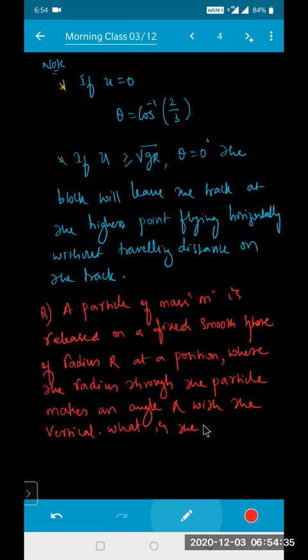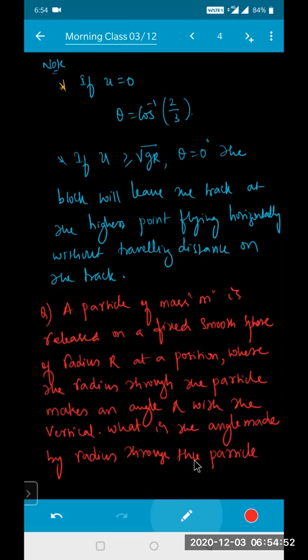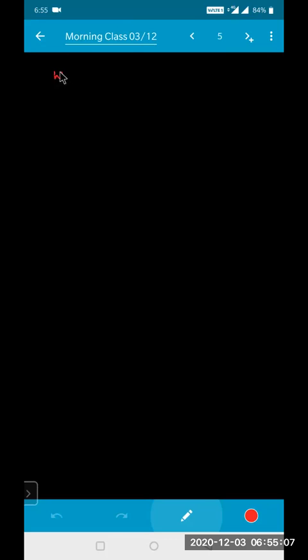What is the angle made by the radius through the particle when the particle loses contact with the sphere? In the bracket, take cos alpha is equal to 3/4.